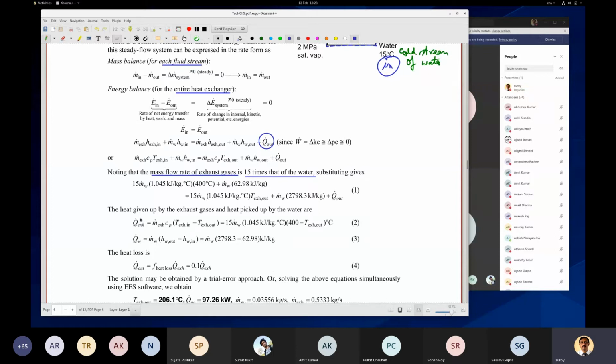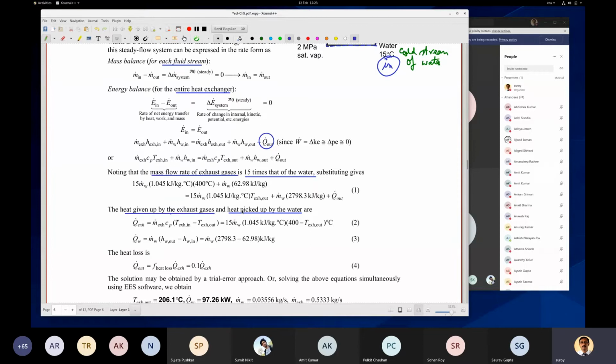And also this is another thing that you have to do: heat given up by the exhaust gases and heat picked up by the water, right? So this difference.